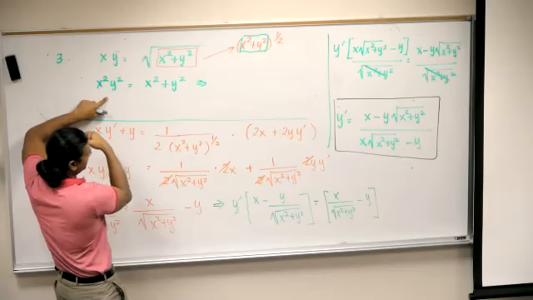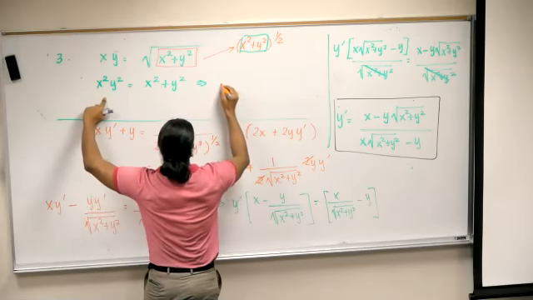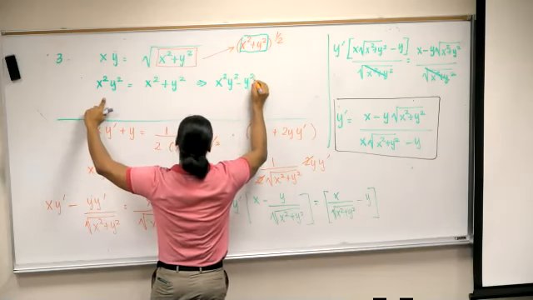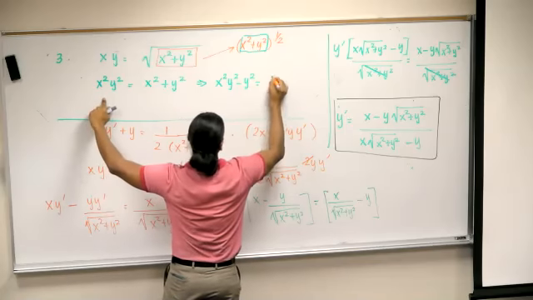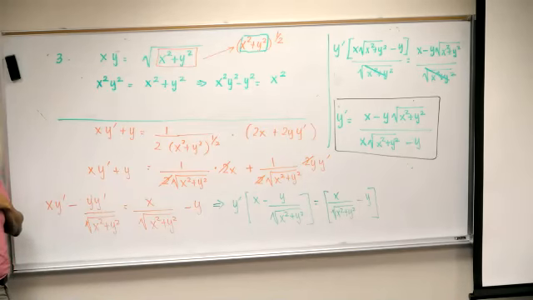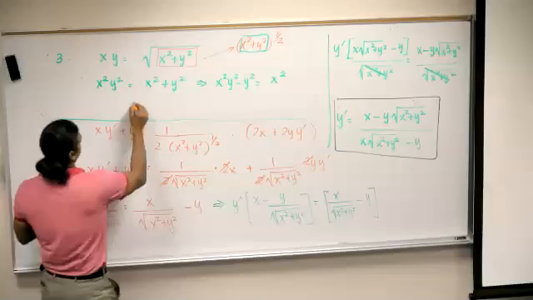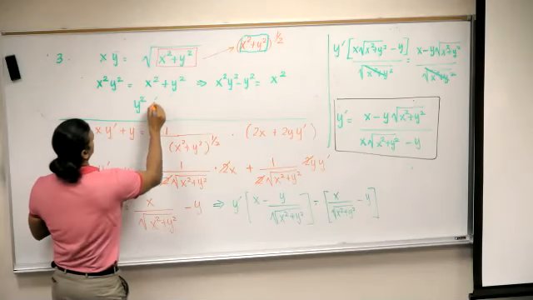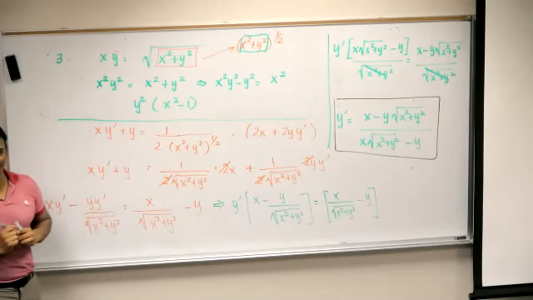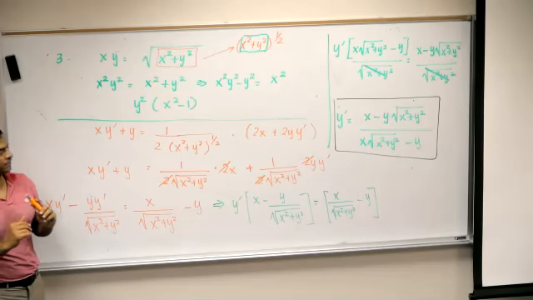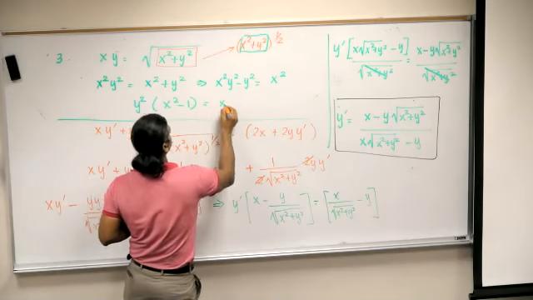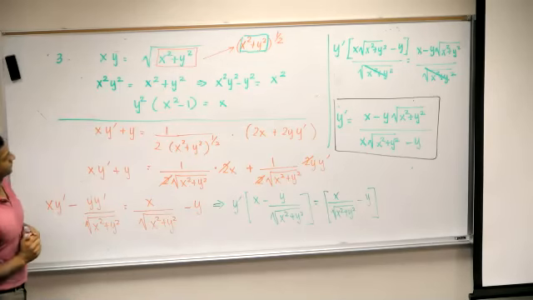Move y squared to one side. So y squared, if you take it out, you have x squared minus 1, correct? On the other side, you simply have x squared.